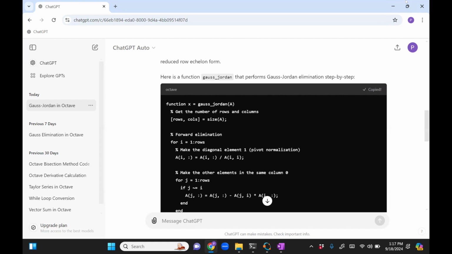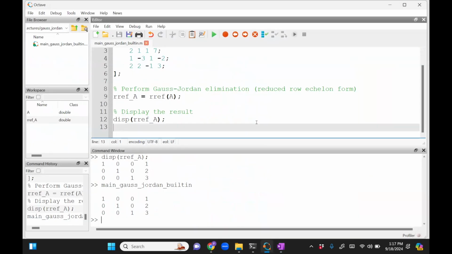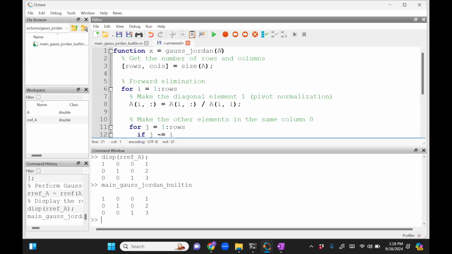Let's make a new function for this. Okay, and then what I'll do is have 2 inputs. I don't want 1 input.